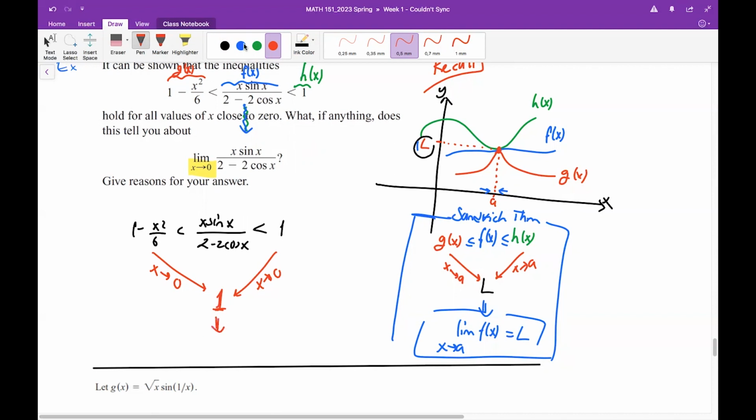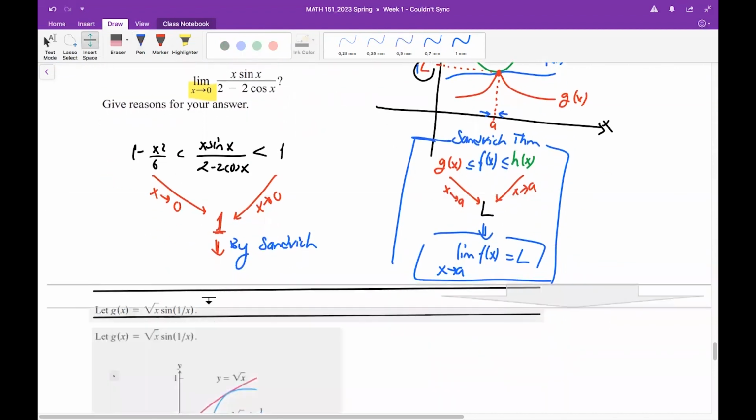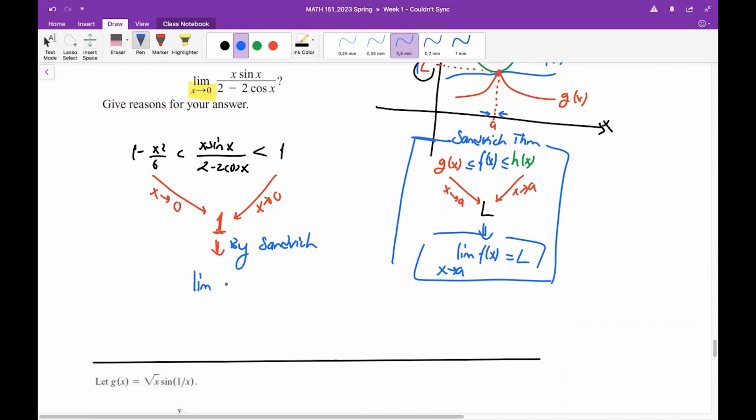Then, by the sandwich theorem, the middle function has to have the same limit. So the conclusion here is that the middle function, 2 times cosine x as x goes to 0, has to have the same limit by the sandwich theorem.